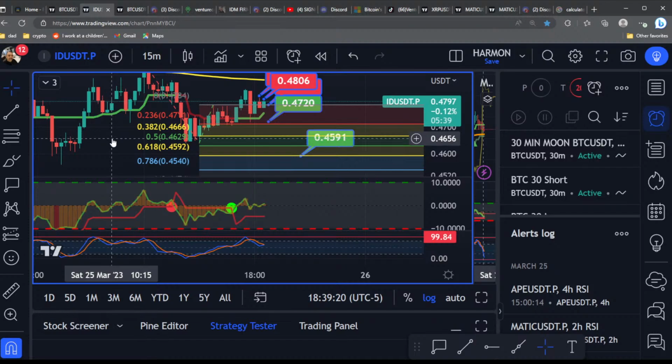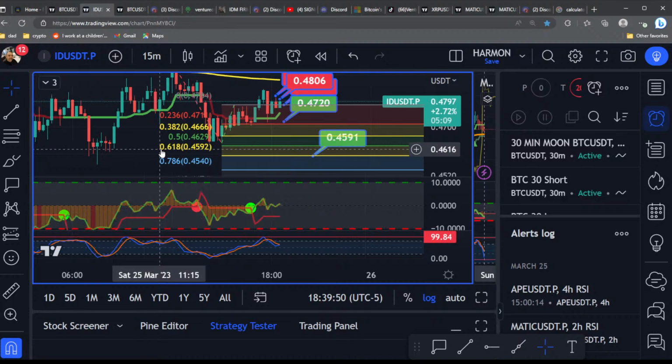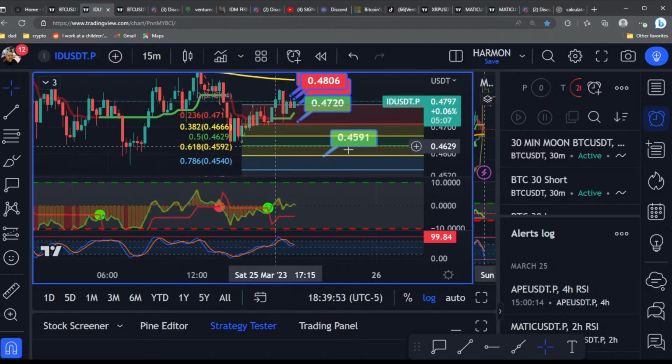So until that changes, the 15-minute has to go back to an upside Fibonacci line to let us know that the buyers are starting to win the volume game, so we can start thinking of the long from that resistance line to the support, 382 all the way up to 786. But right now with the Fibonaccis showing that it's still expecting it to go down, we have to be patient here. We have to let this work out here.